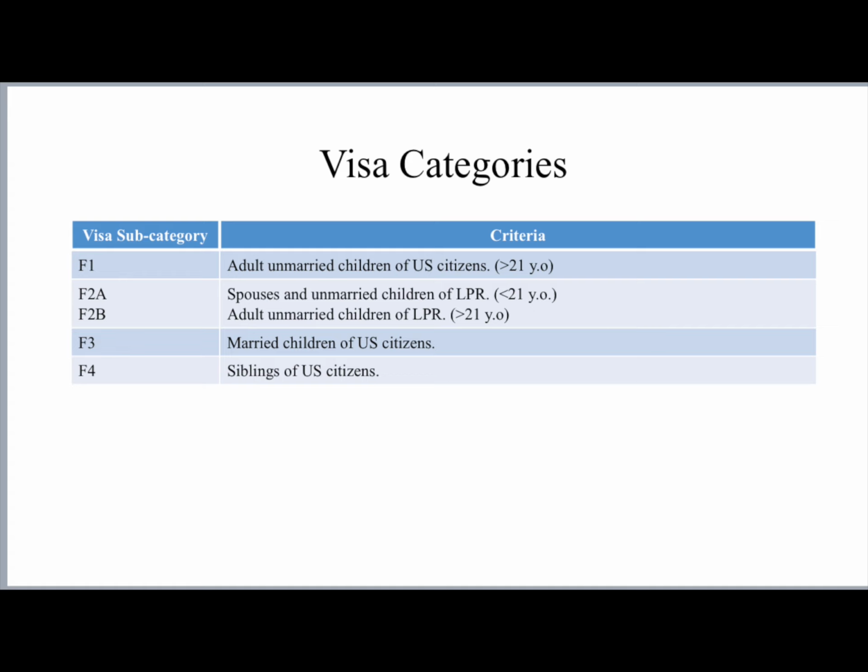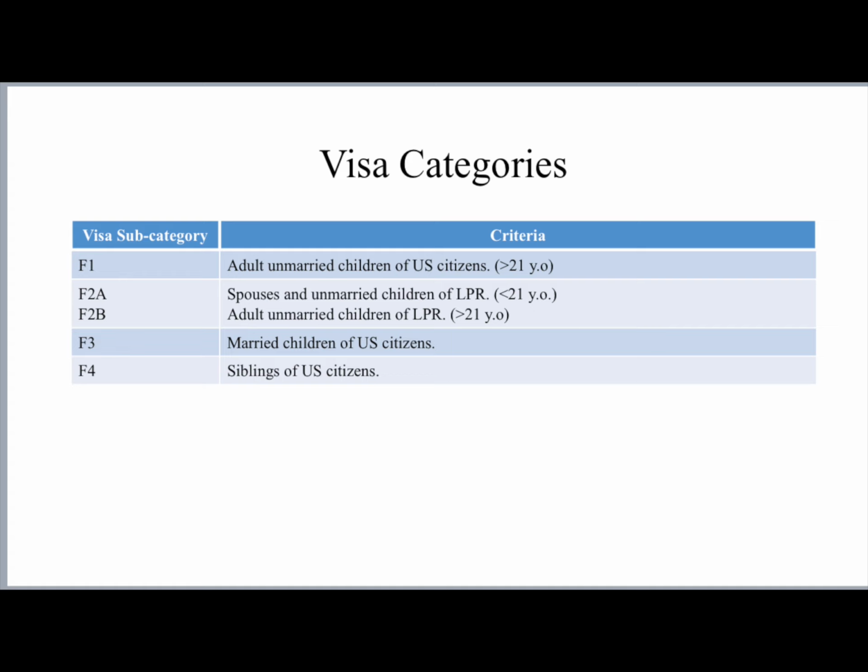So it doesn't run from January to December. For them, the fiscal year starts October and ends September the following year, right? So starting October 2023, 226,000 visas or green cards are available for the F category.